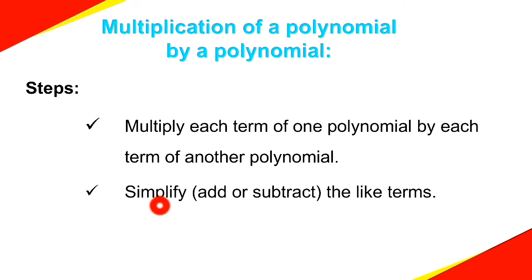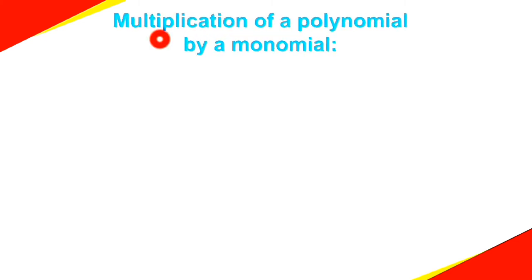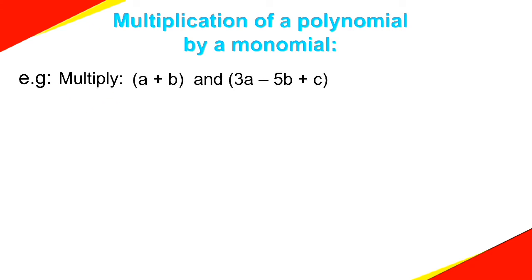Step 2: Simplify, add or subtract the like terms. Multiplication of a polynomial by a monomial. We are going to do some examples. Multiply a plus b and 3a minus 5b plus c.